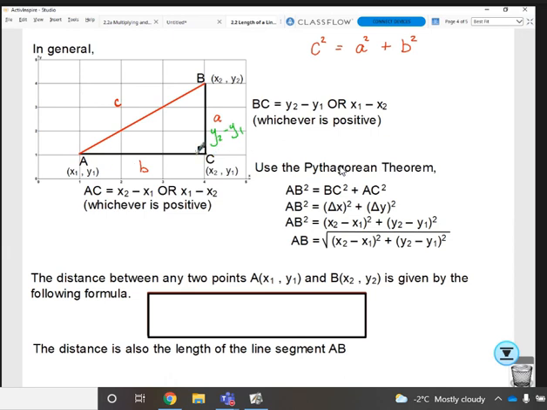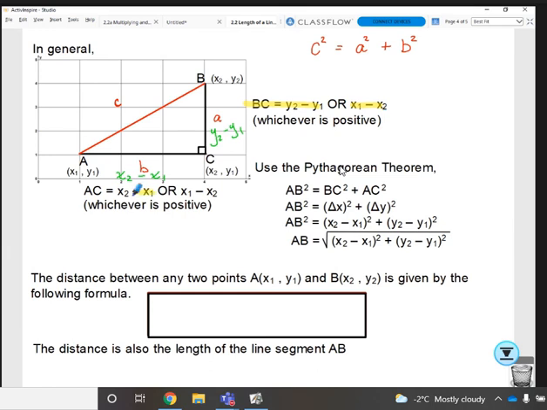The way we get this is by doing x2 minus x1. We have that written right over here. It doesn't have to be positive, because in the Pythagorean theorem it doesn't matter: we take that value and square it, and if you square a negative number, you still come out with a positive outcome.